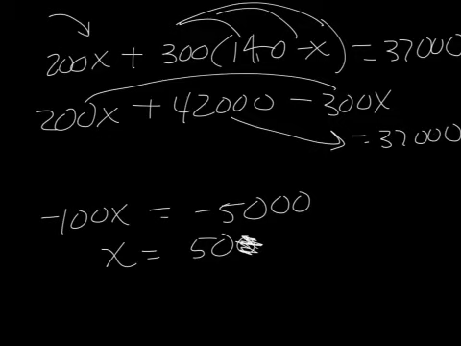So 50 acres at $200 per acre, and then if you do 140 minus the 50, you can figure out how much you're leasing at $300 per acre. So 140 minus 50 is 90. So 90 acres at $300 per acre. So you've got the 50 here and then the 90 for the other one.